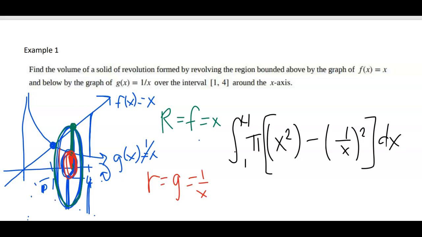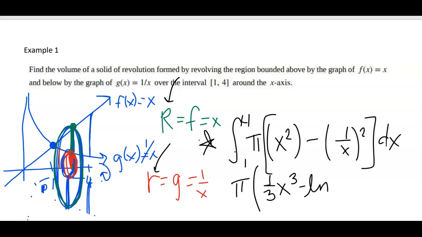It is a little more work, but you could do these as two separate volumes if you wanted to, and then they're going to simplify to this piece right here. All right, let's take the pi out. I'm going to have 1/3 x cubed minus the natural log. Oh, I lied to you.